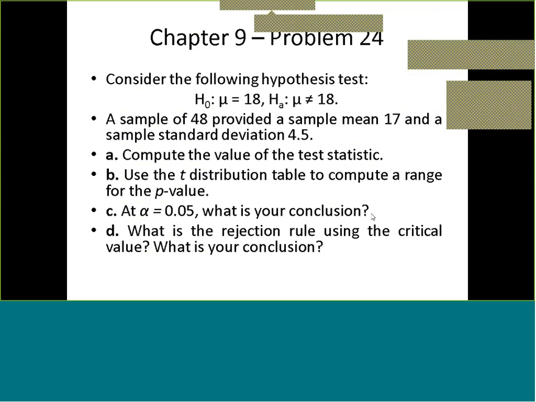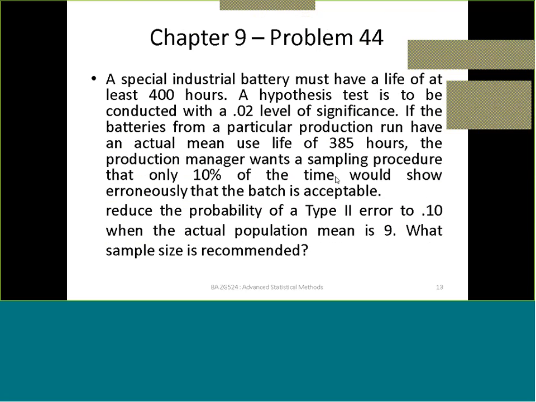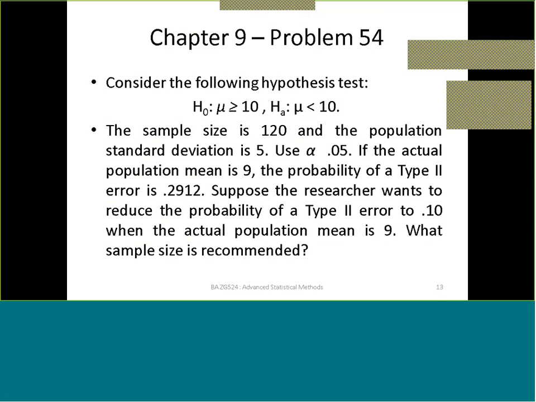Like in this question, if you see, calculating type 2 error is 0.10 when the actual population mean is 9. When you are calculating type 2 error, HA is true. So 9 is coming under HA.